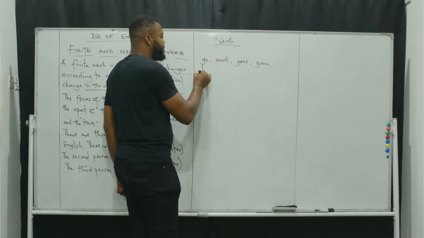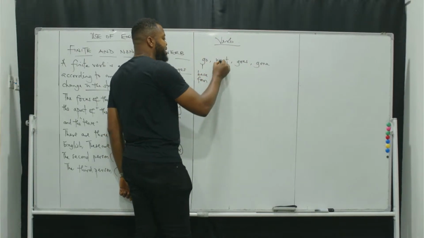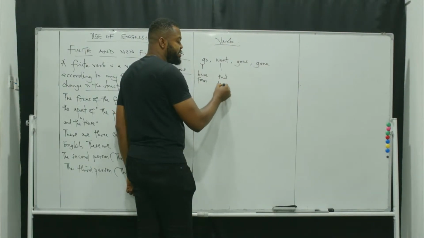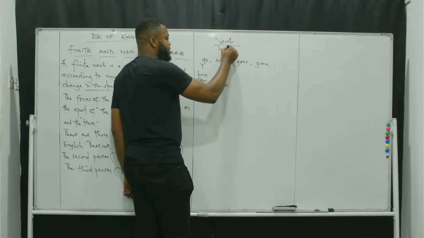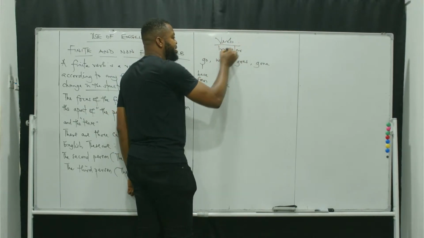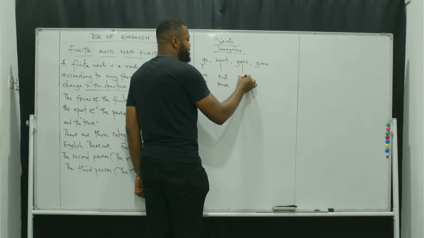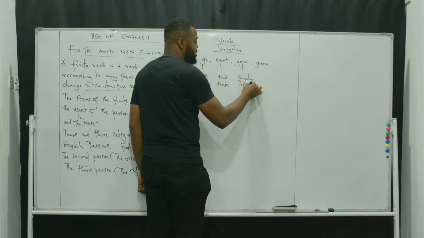So this is the base form. Remember, this is the base form. This is the past tense. I'll give you an example of an irregular verb. This is irregular. Okay, this is the singular present form.